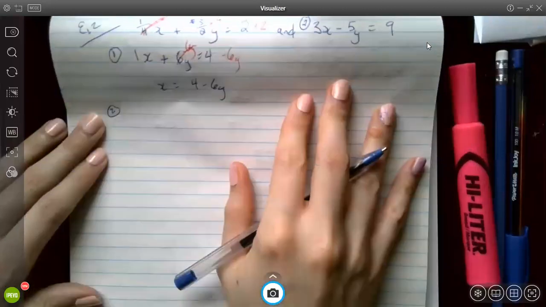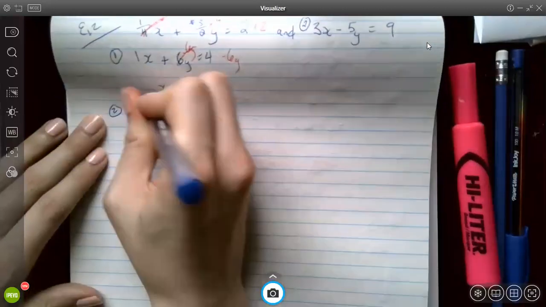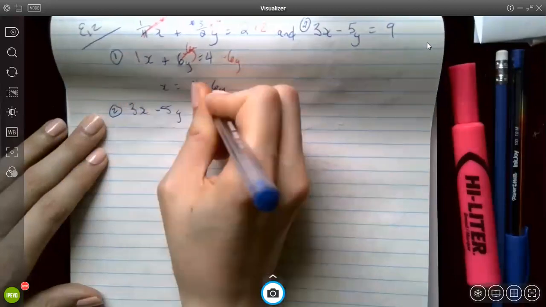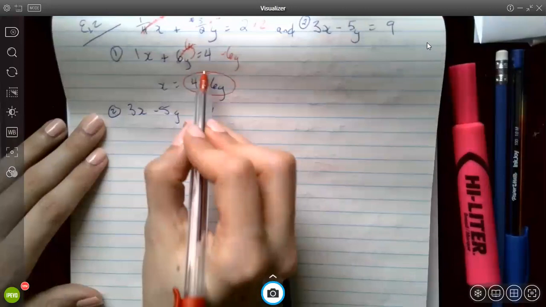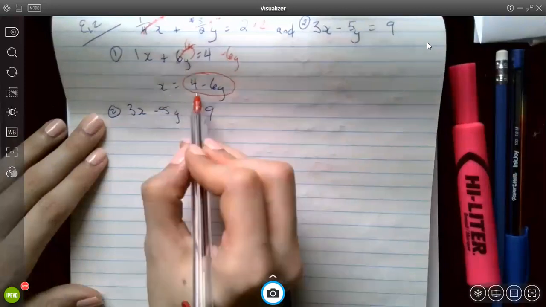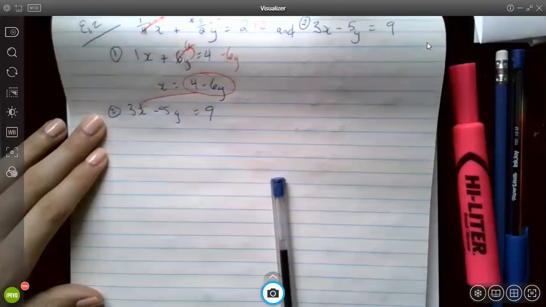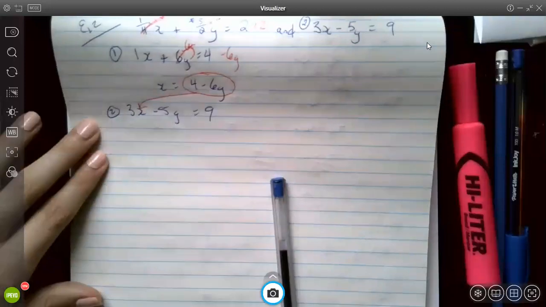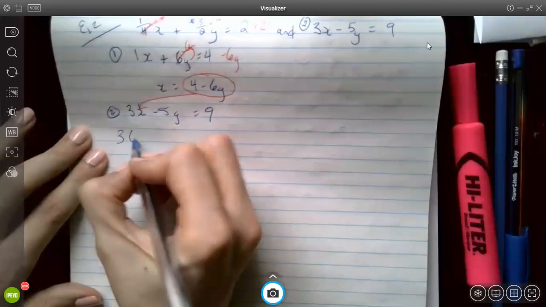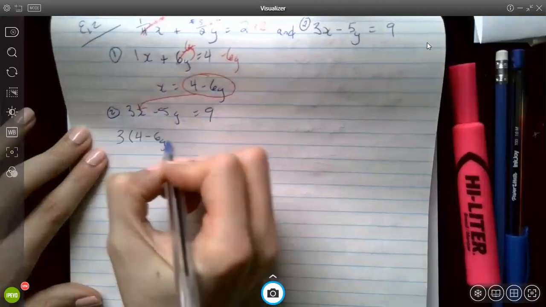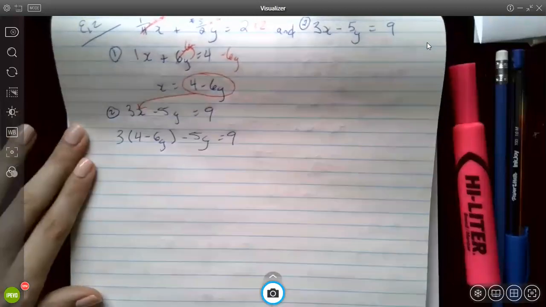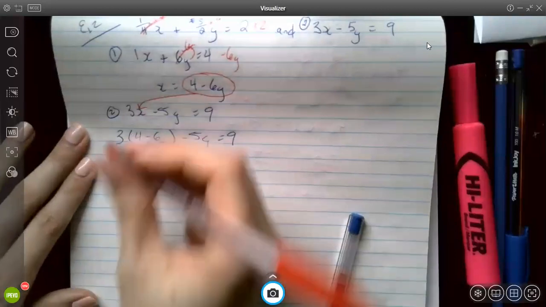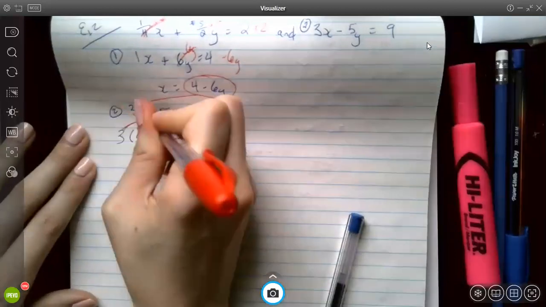Where I take my second equation, 3x minus 5y equals 9, and I plug in everything that x is equal to where the x is. So that'll leave me with 3 times (4 minus 6y) minus 5y equals 9. Of course, then I need to multiply that 3 into the brackets.